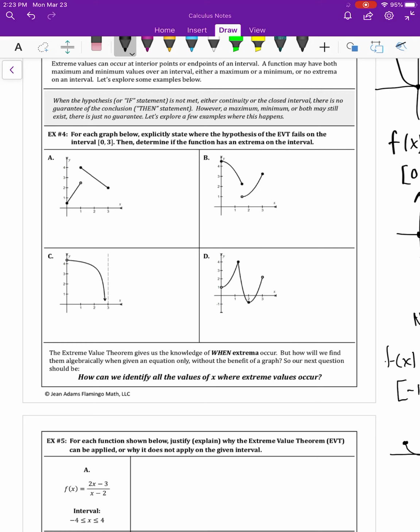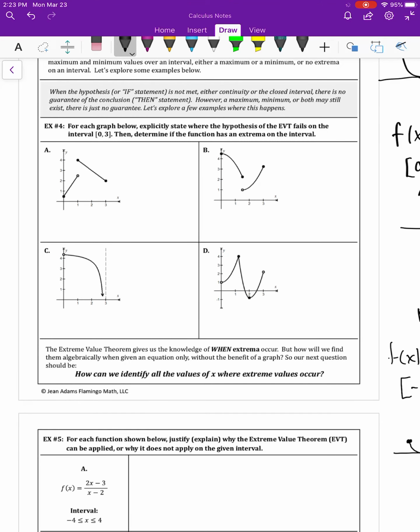So, example number 4. For each graph below, explicitly state where the hypothesis of the extreme value theorem fails on the interval [0, 3]. Then determine if the function has an extrema on the interval. Okay, so let's look at these functions.